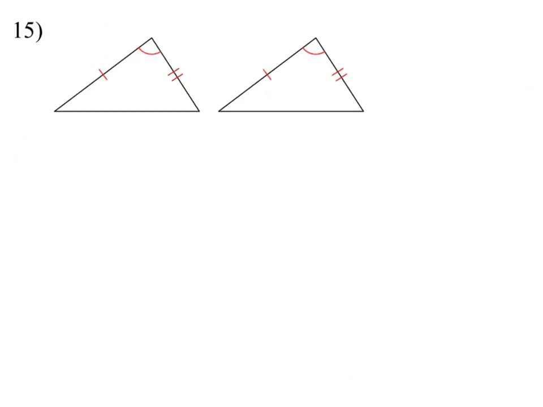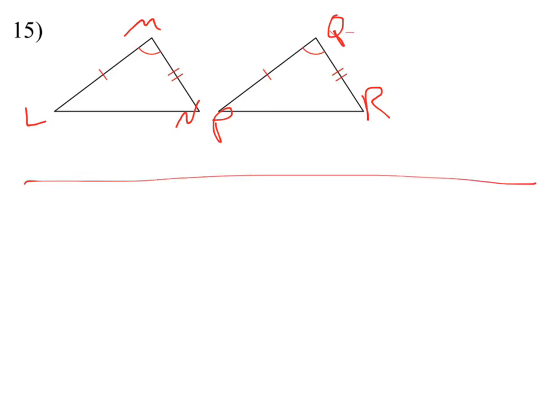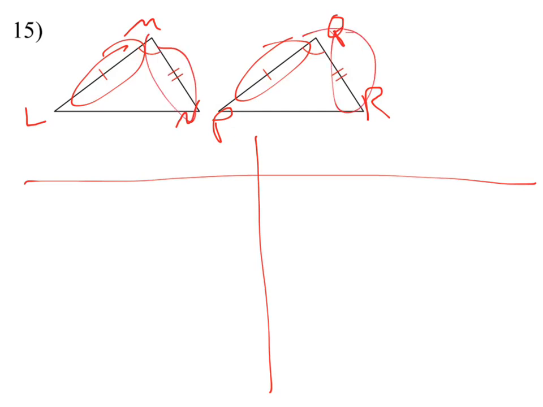15, again, let's start in the middle. Let's do L, M, N, and then capital P, Q, R. Okay, again, go for the two-column proof here. I already know that these two sides match up because it's given, these two sides match up because it's given, and these two angles match up because it's all given to you in the picture.